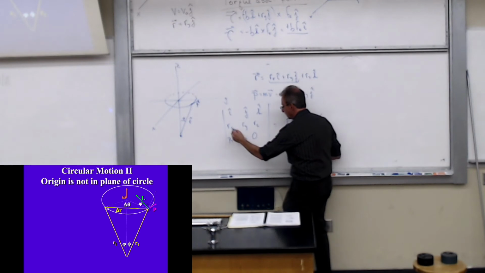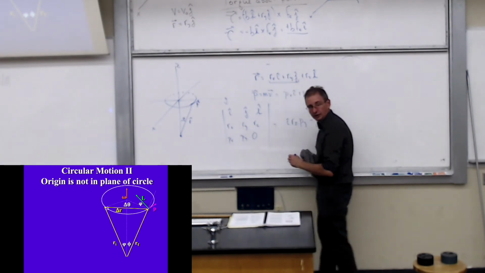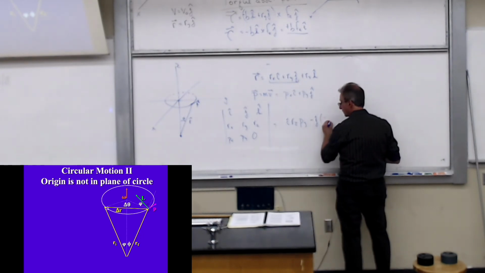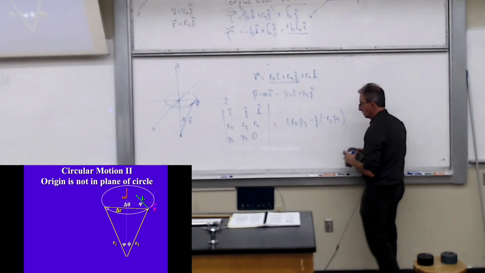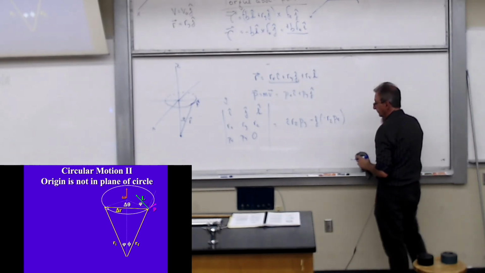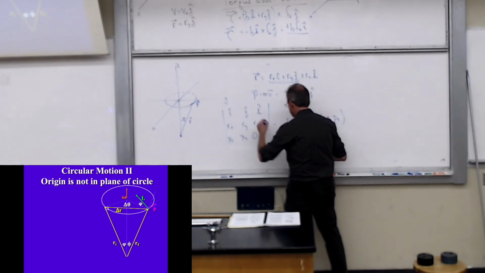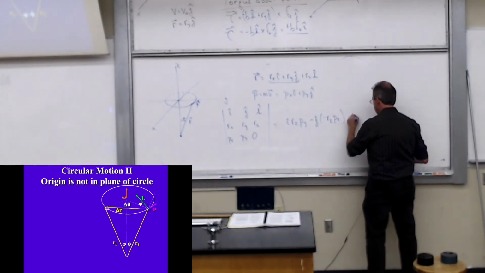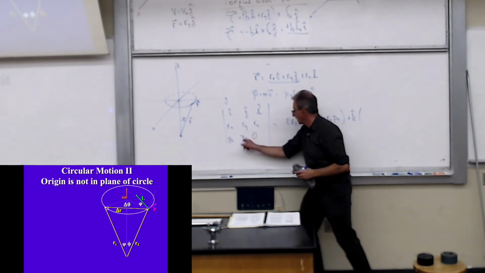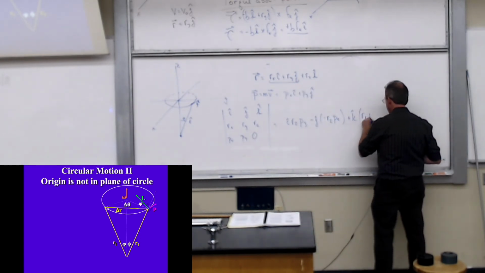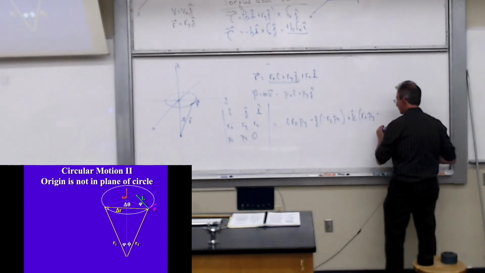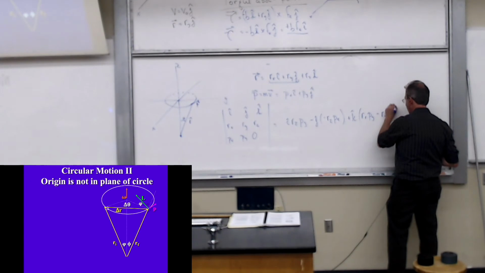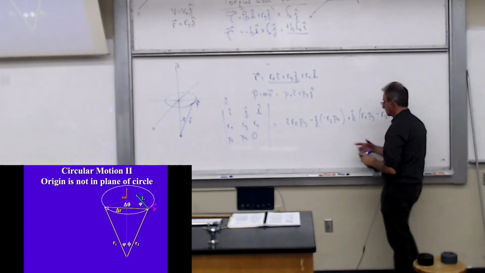It's going to be this times this minus that times that, right? And what about the last term? Okay, so this times this minus this times that.